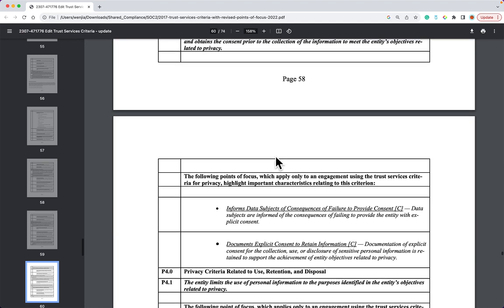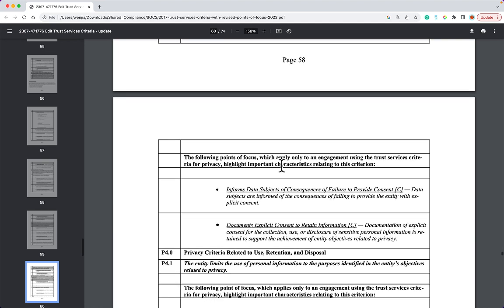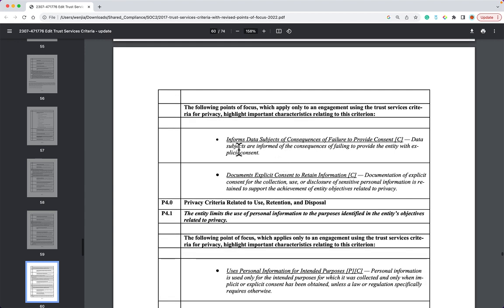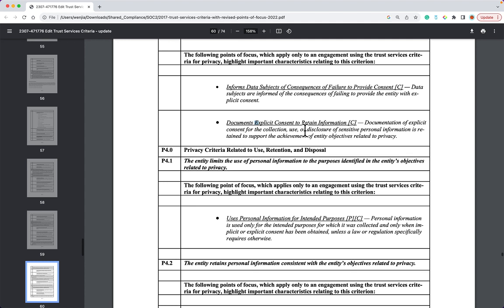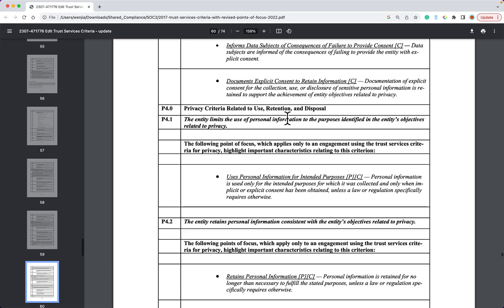Like there are some functions, some services you cannot use without this agreement. So these are the specific measures: inform data subjects of consequences, and document explicit consent to retain information. Yeah, you need to provide this document to users, and you need to have this record.